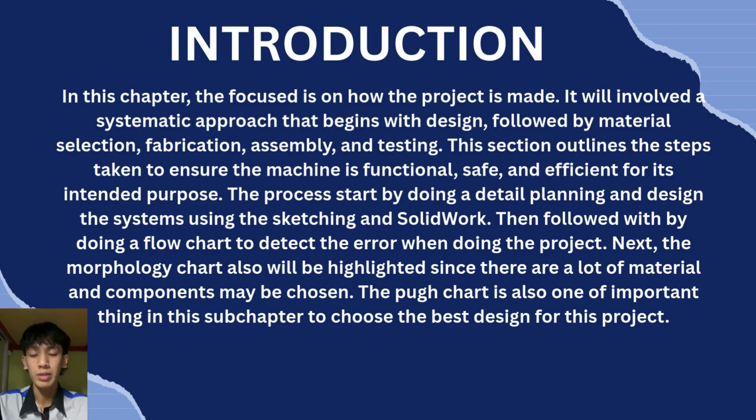After finalizing the design, the fabrication process was carried out. All components were assembled according to the design layout, ensuring proper alignment and secure mounting. Finally, testing and troubleshooting were conducted to verify the system operates safely and efficiently.